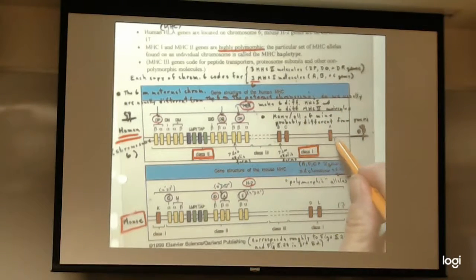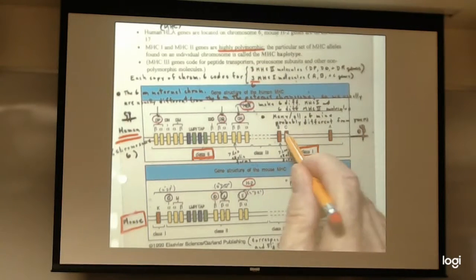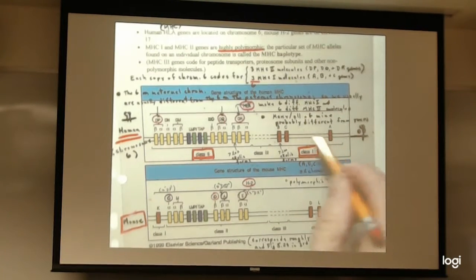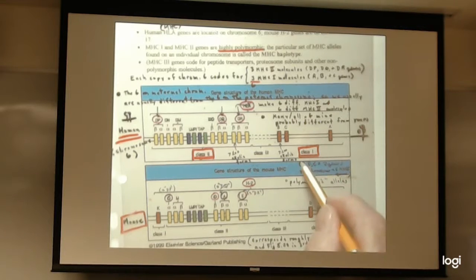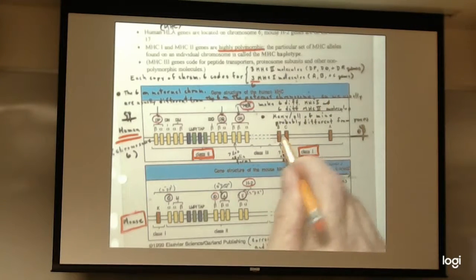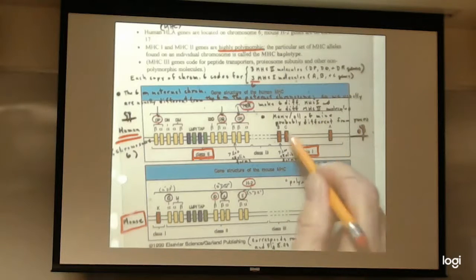So even though there are only 3 genes per chromosome, because I've got 2 copies of every chromosome, I actually have 6 genes that code for class 1 molecules. I've got A from mother and A from father, B from mother, B from father, C from mother, C from father. So I've got 2 each of A, B, and C.